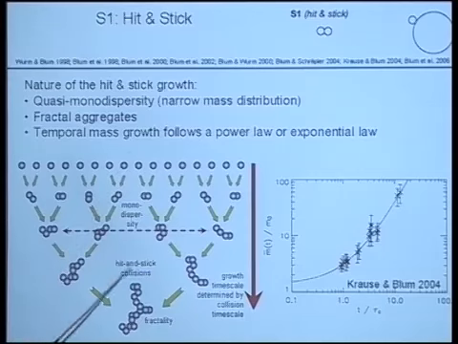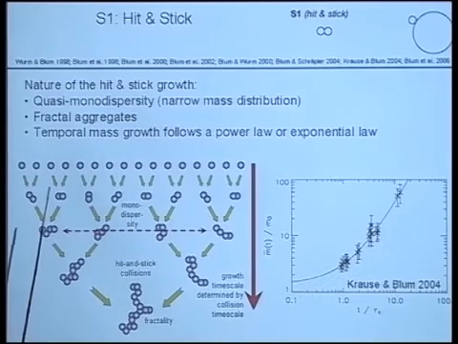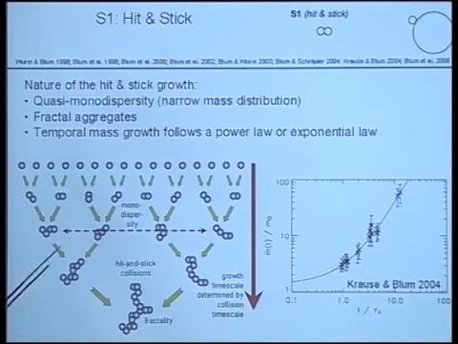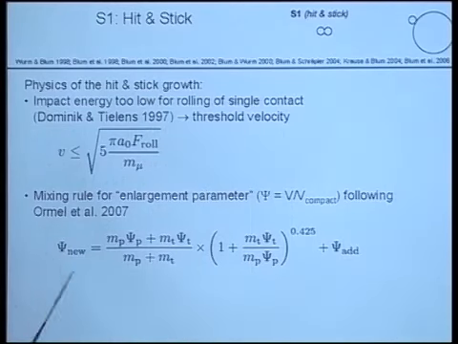And if you have a growth like that, usually the mass versus time grows as a power law or even exponentially fast, depending on the driving relative velocities. So for Brownian motion, the power is about 2. And for relative settling, it can be faster than that. Okay, that is how it all starts. We're still at hit and stick.